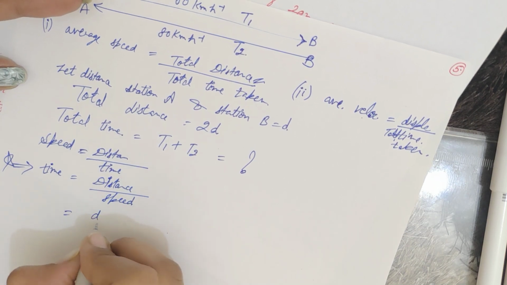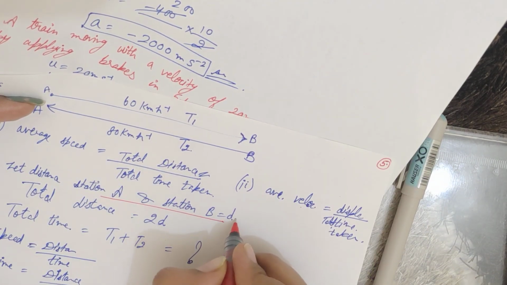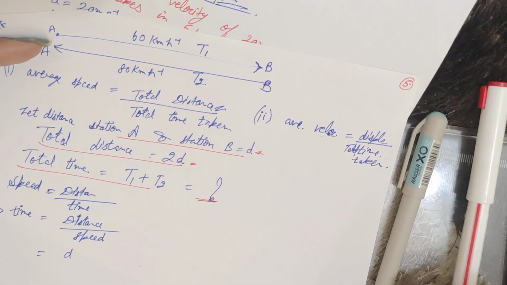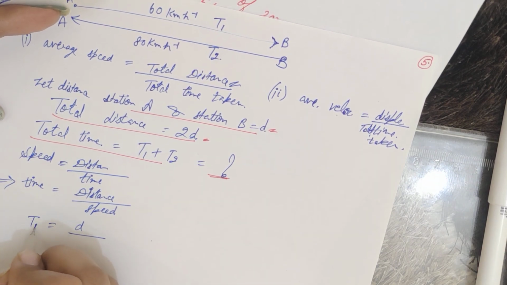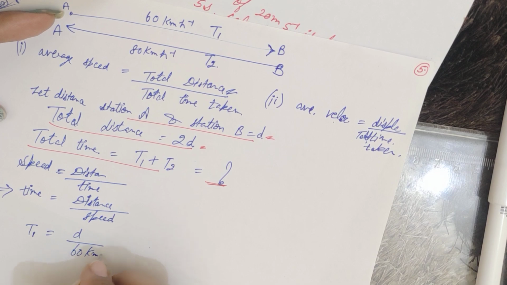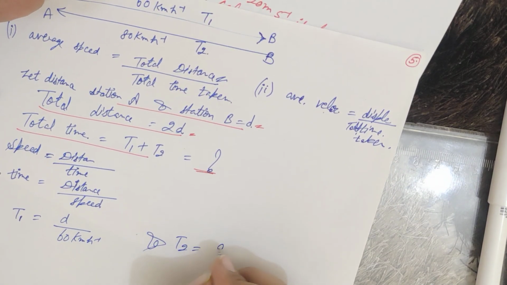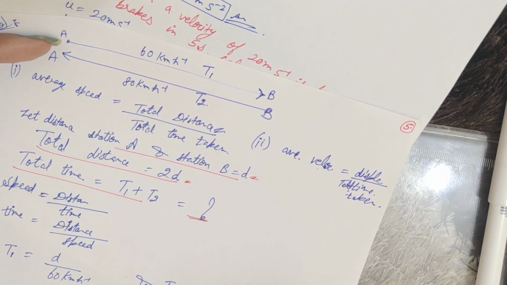The distance covered is d, and the total distance is 2d. So for t1, the distance is d and the speed for the first part is 60 km per hour. Similarly, t2 is the distance d covered with the speed of 80 km per hour.